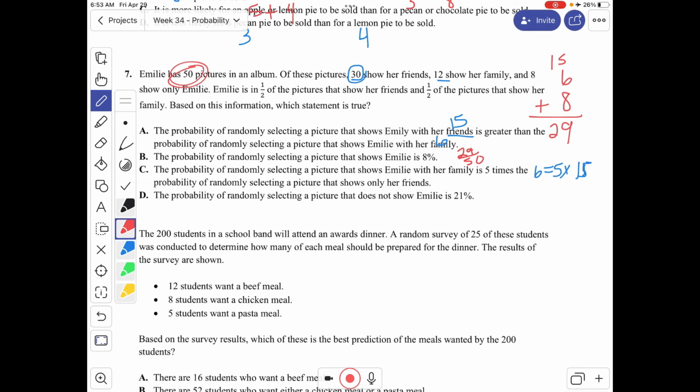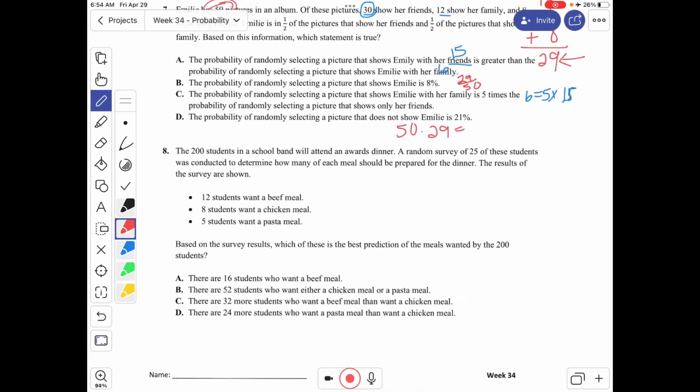D, the probability of randomly selecting a picture that does not show Emily is 21%. Well, we already figured out that 29 of them show Emily. So 50 minus 29, if that's 21%, then that's your answer.